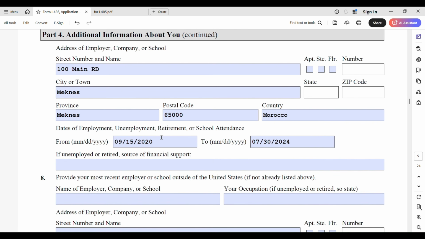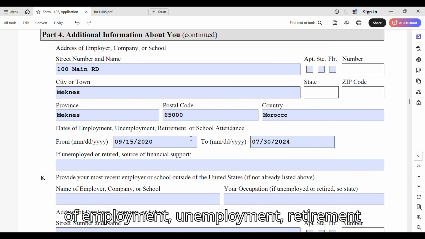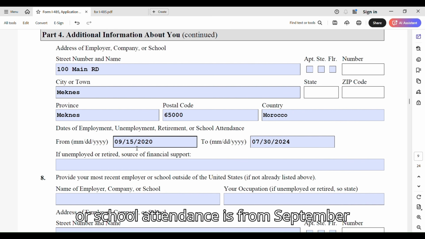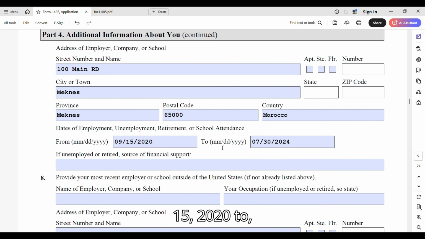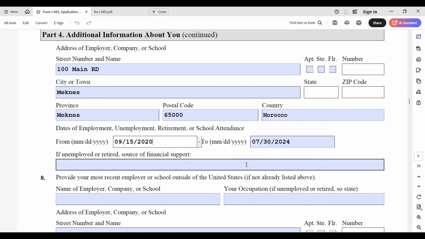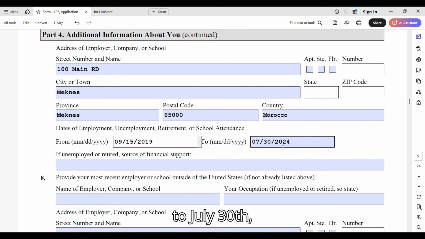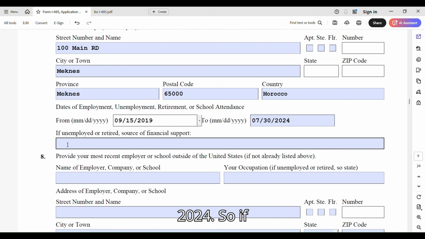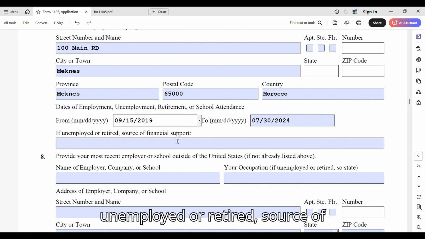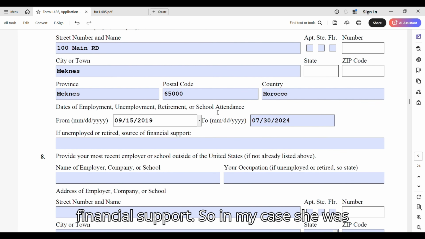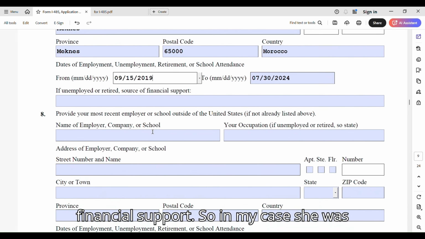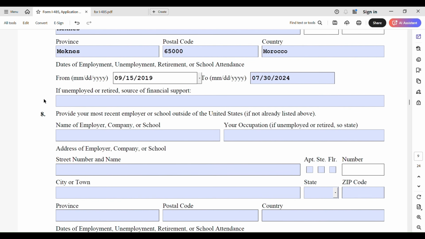Date of employment, unemployment, retirement, or school attendance is from September 15, 2020 to, I think here is 19, to July 30th, 2024. So if unemployed or retired, source of financial support. So in my case, she was a student.